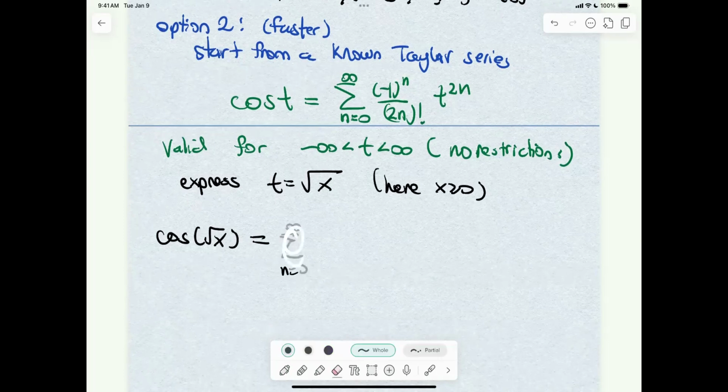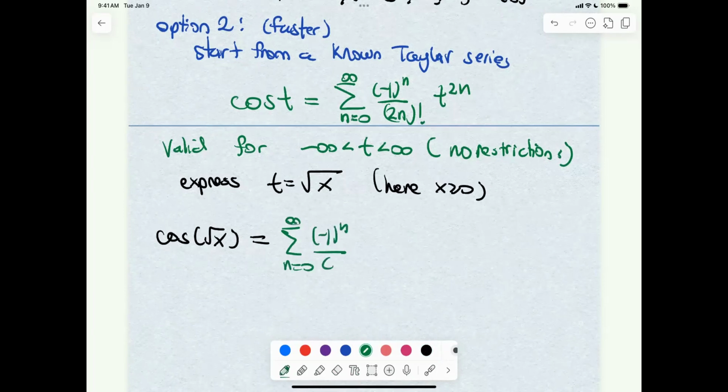Well, actually, let me write in green just to make clear where the substitution is happening. So you still had, so the square cancels the square root. So you just get x to the n.